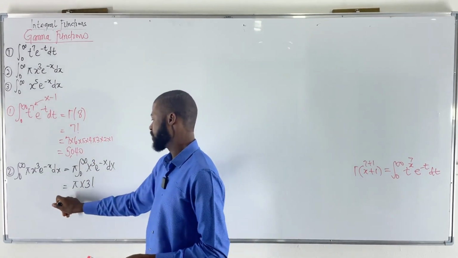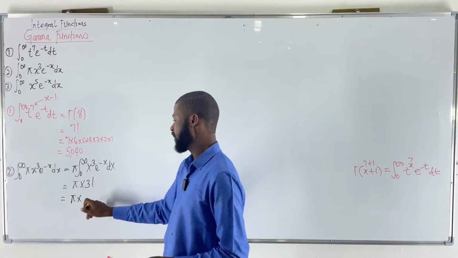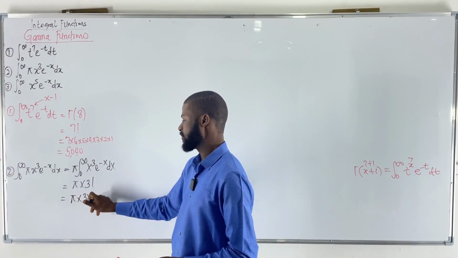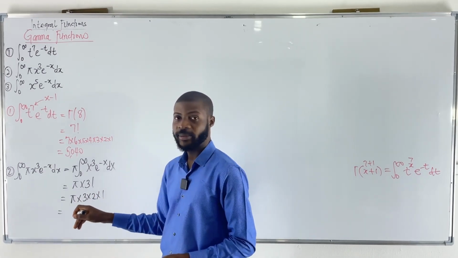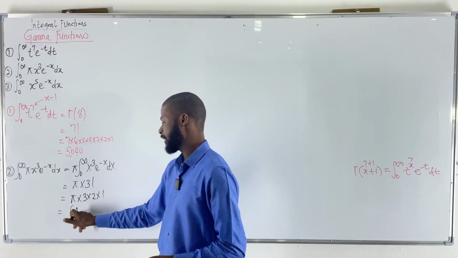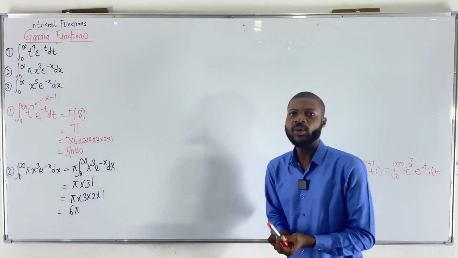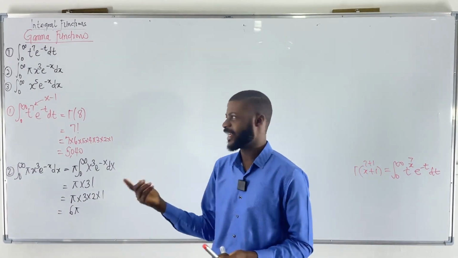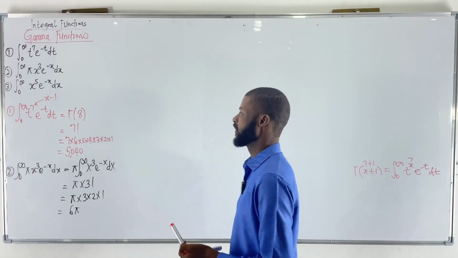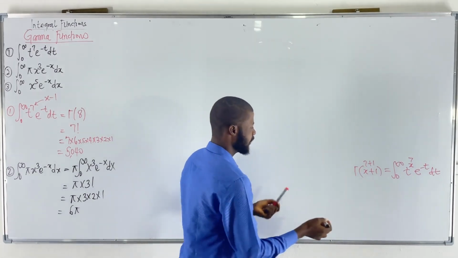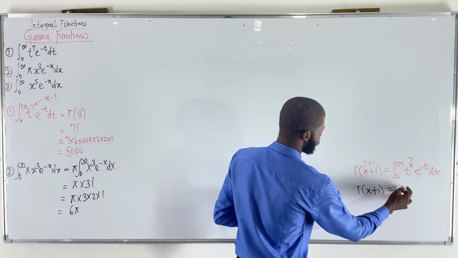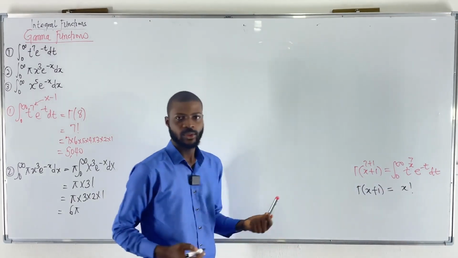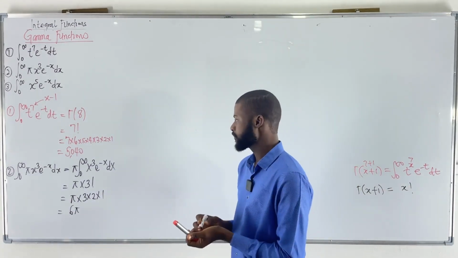So this becomes pi times 3 factorial, that's 3 times 2 times 1. So this will become 6 pi. I believe you know why it's going to be factorial because I've explained this earlier on. The gamma of x plus 1 is equal to x factorial. We did that in the previous video.